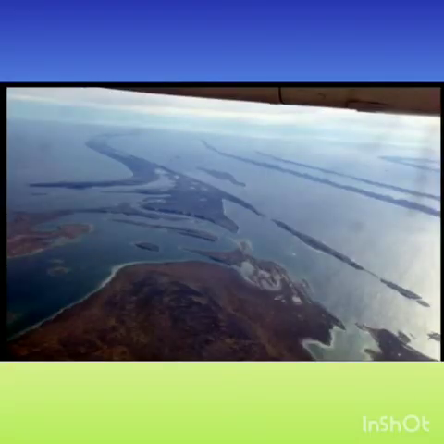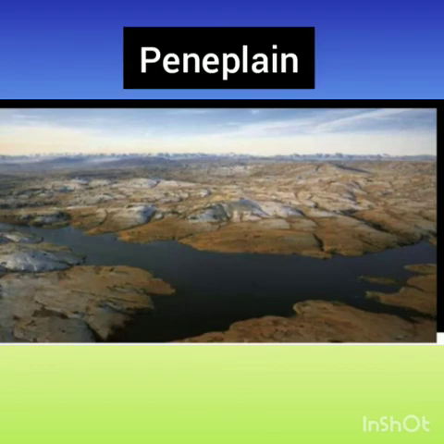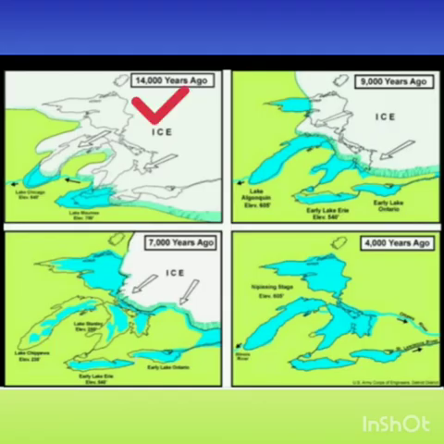As the ice sheets moved, the surface got scraped and worn down, leading to the formation of a peneplain. By the name itself, we can find it is a plain or almost a plain. In addition to this leveling action, the huge boulders dragged along by the moving ice scooped out hollows in the ground.